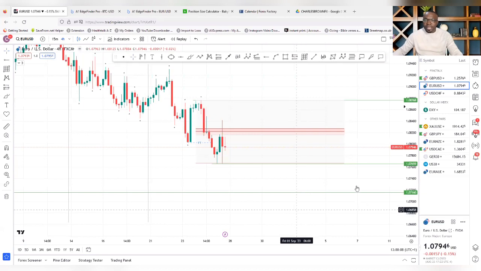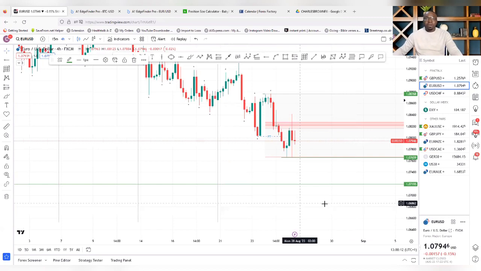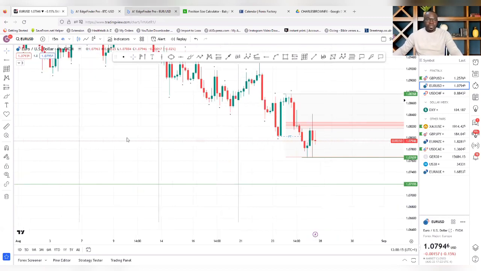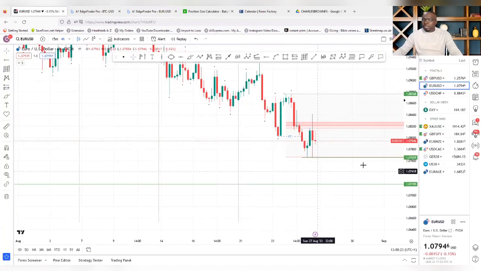So that's where we're targeting that price will get to before any potential reversal, according to the software we just saw, 1.07222, 2255. So within that range, obviously, we should be looking at around this level where we are right here.